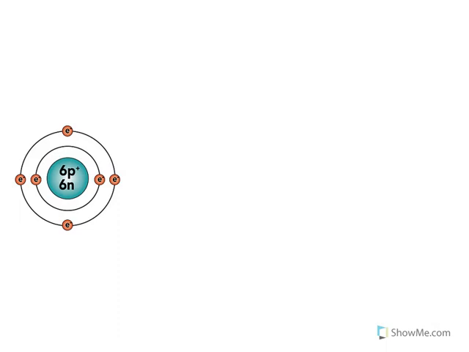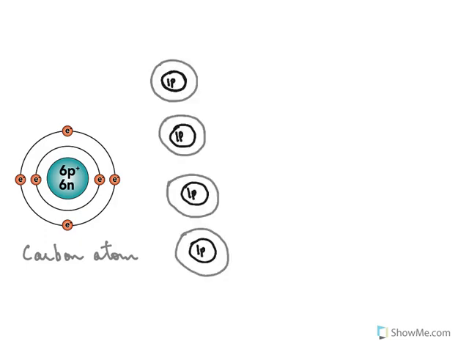Let us now see how this carbon atom would bond with hydrogen atoms. A hydrogen atom is made up of 1 proton and 1 electron, so it has 1 electron in its outermost orbit. The hydrogen atom has only one shell, the K shell, and in the K shell we require only 2 electrons to become stable.